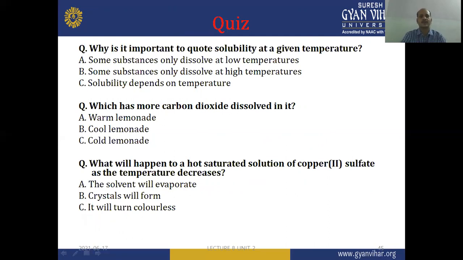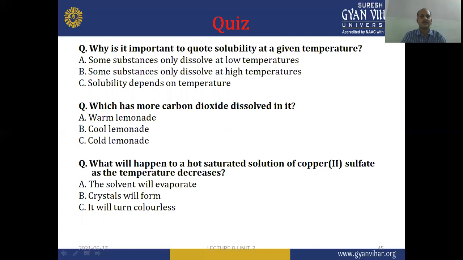The next question is given here. Why is it important to state the temperature for solubility at a given temperature? We already discussed the significant role of temperature regarding solubility. The options are: some substances only dissolve at low temperature, some substances only dissolve at high temperature, or solubility depends on temperature.